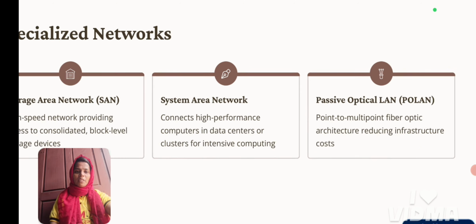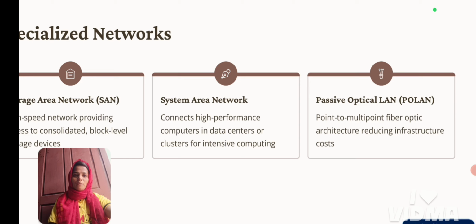Then passive optical LAN means POLAN, a point to multi-point fiber optic architecture, reducing infrastructure costs. This is also like system area network, but it is point to multi-point. I already said that if I want to share a powerful machine with less powerful systems, that is called point to multi-point. I have only one high performance system and more than one low performance system.